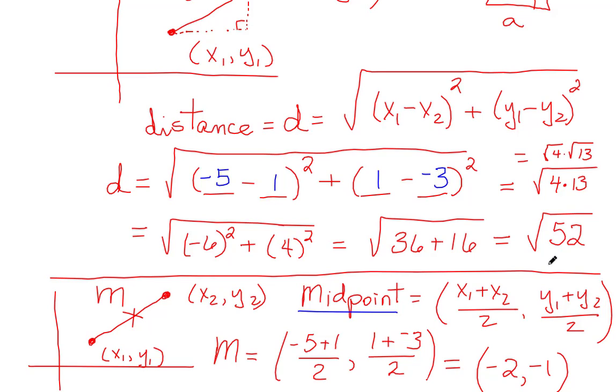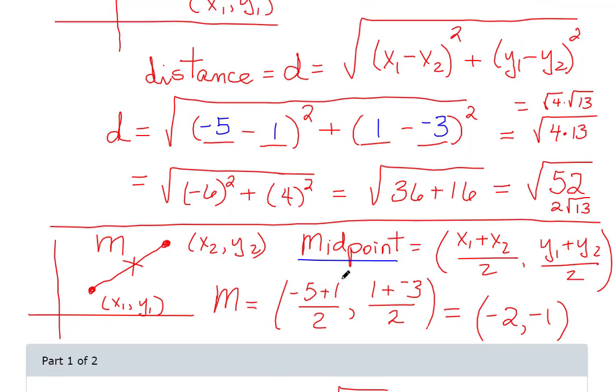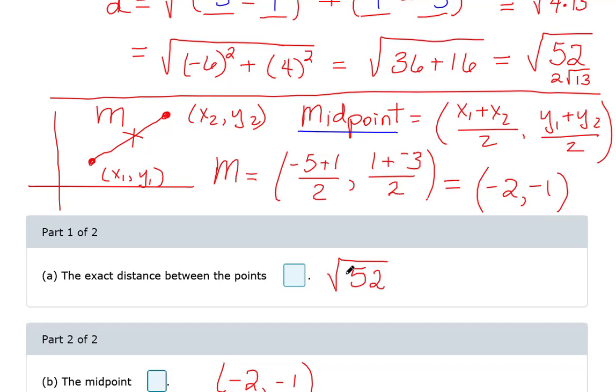This is 2 square root of 13. All right, what about the midpoint? Let me fix this up now that we did simplify that, as 2 square root of 13. And again, this was representable as 4 times 13.